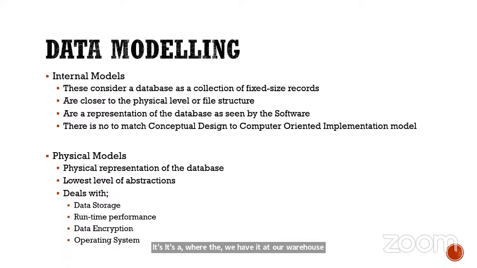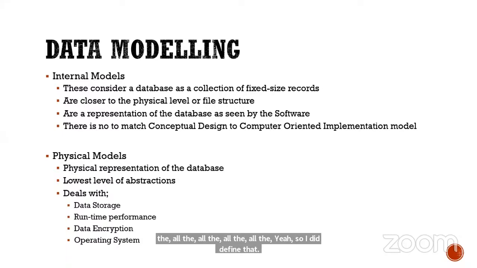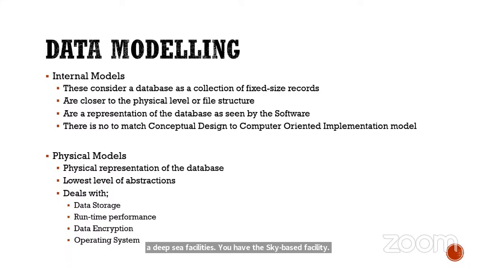All of a sudden they find that they cannot manage all your data within one location. They have to now spread it around, such that they have deep sea facilities, they have sky-based facilities, they have so many facilities that can actually store your data.